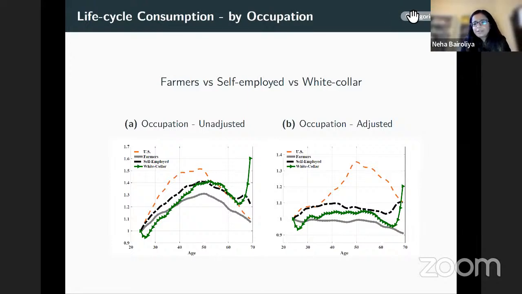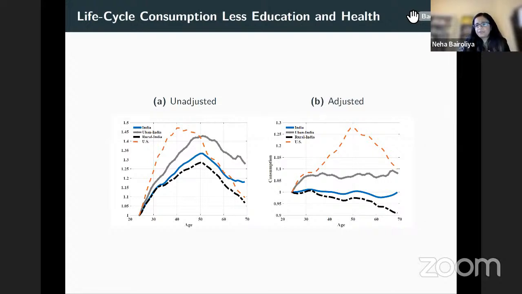We also looked at different categories of expenditures, like food and transportation, non-mortgage housing, whether some of these categories are more important than the others. And for those of us who have done some work on the US, we know that education and health seem to play a very important role in the overall expenditure share.